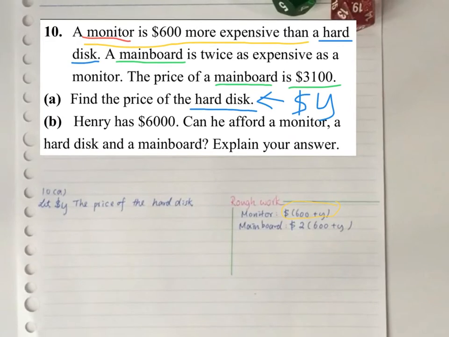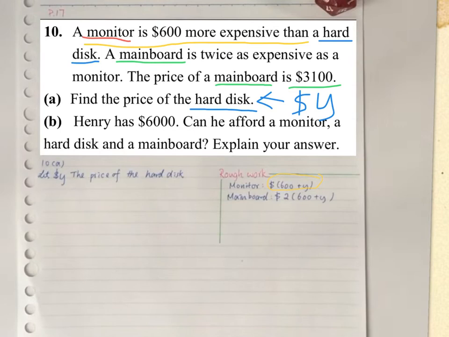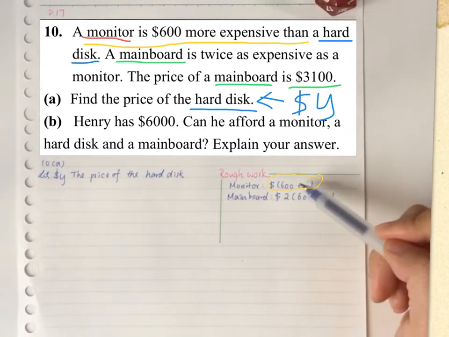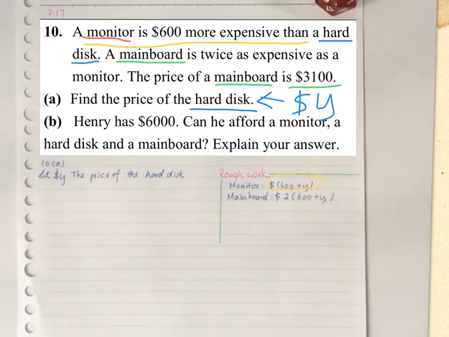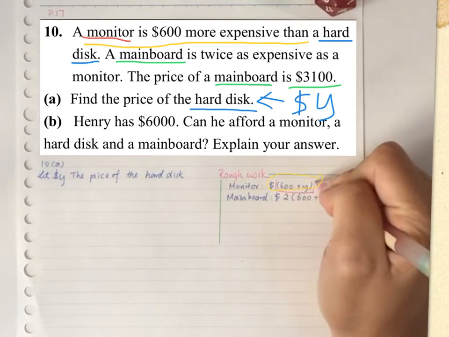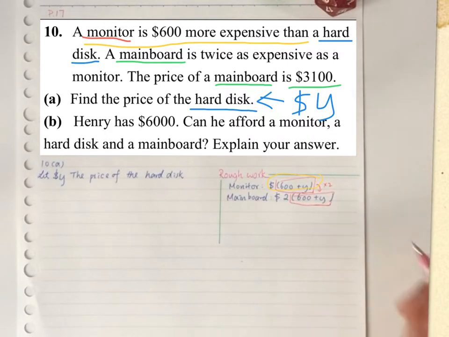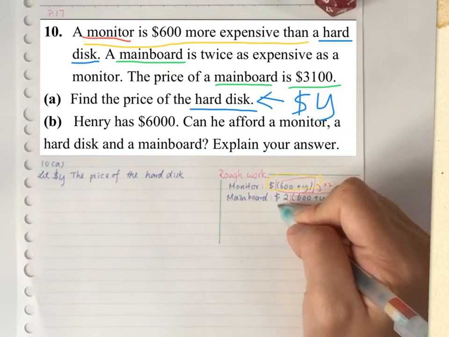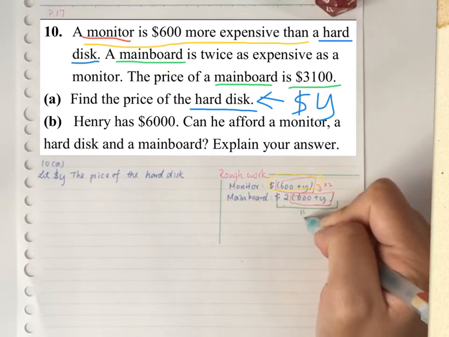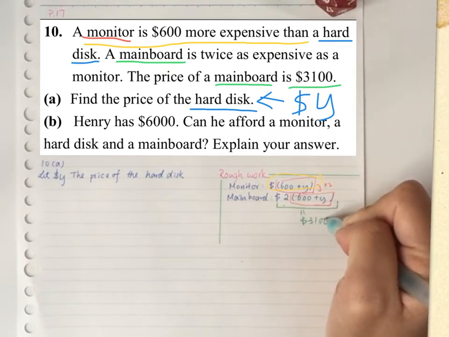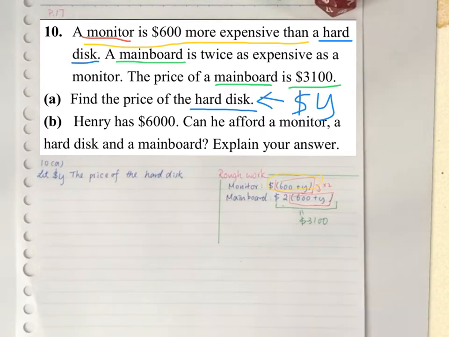The mainboard is double the value of the monitor, so we get 2 times (600 plus y). If we want to set up an equation, we need the price of the mainboard, which is $3,100.